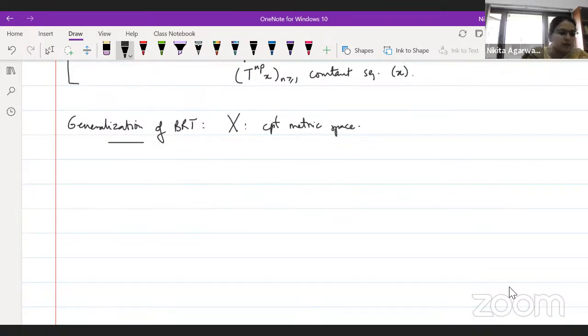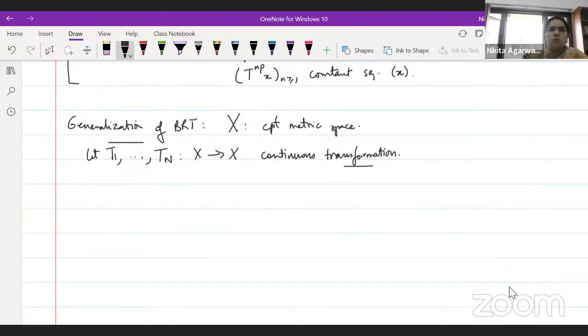Now, instead of one transformation, you have finitely many transformations on X, all continuous. So by the way, in dynamics, we say a transformation. One is used to transformation in the sense of linear transformation. Here we call it transformation because these are all self maps.